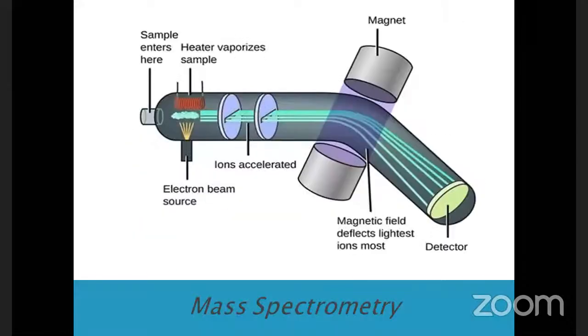So when electrons are knocked off, you have a positive ion formed. The atom becomes positively charged. That means it has a residual number of protons. Usually, we have equal number of electrons and protons. Electrons are negatively charged, protons are positively charged.